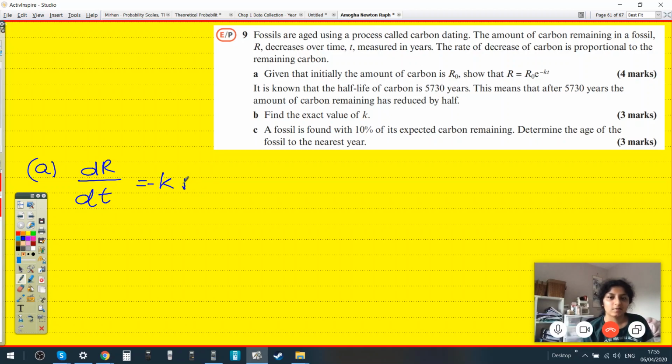Because it says the amount of carbon decreases over time. Mm-hmm. Okay. So first, wait, you don't have any t's. So first you would do 1/r dr equals minus k dt, right? And then integrate both sides.